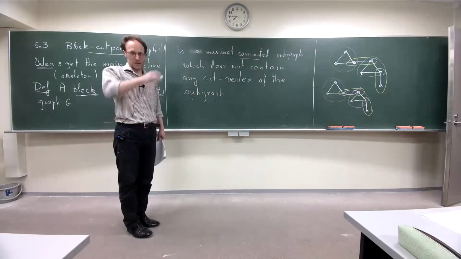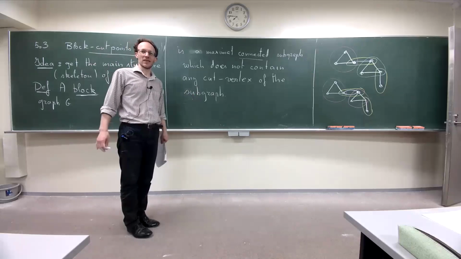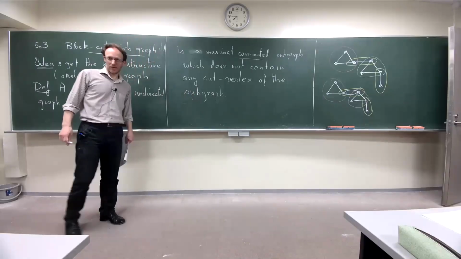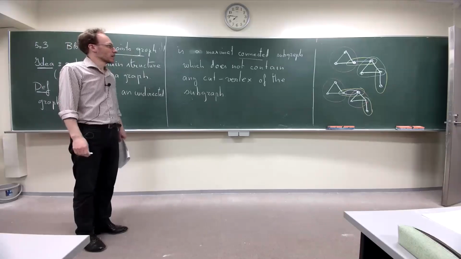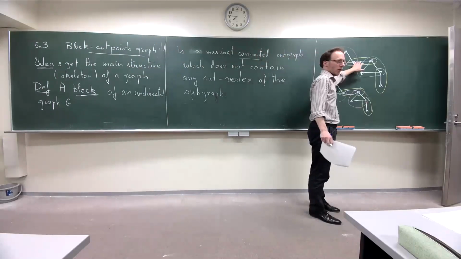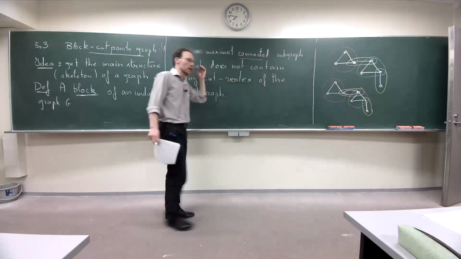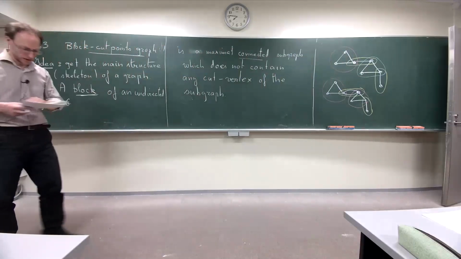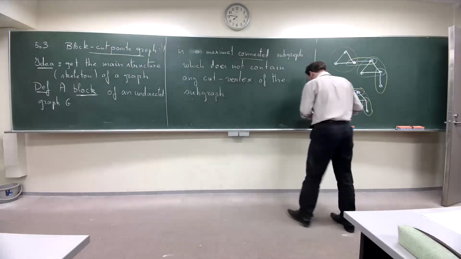So it's one piece. It cannot be two disjoint pieces. So first observation: a block can contain a cut vertex of the big graph, but by definition, it doesn't contain a cut vertex of the small part. So this is an observation.